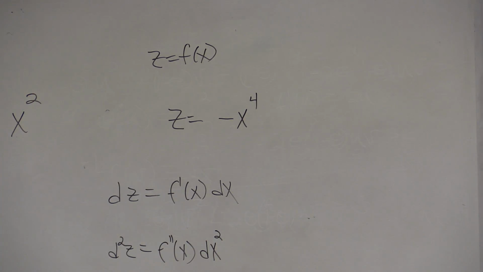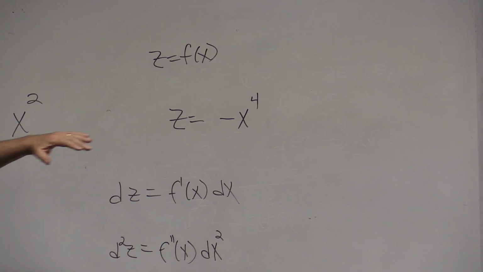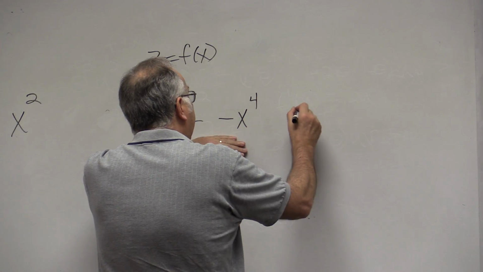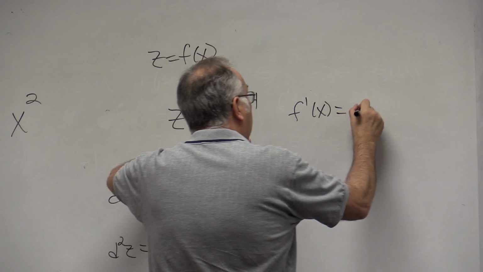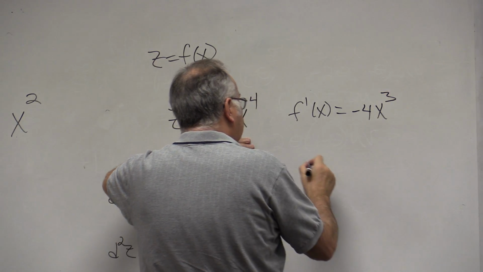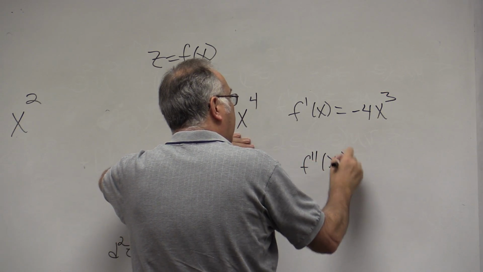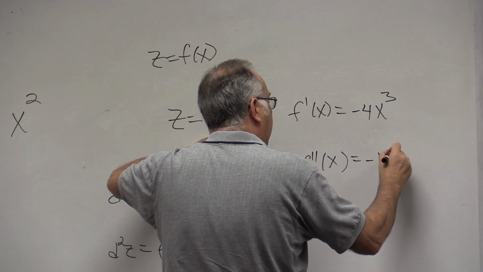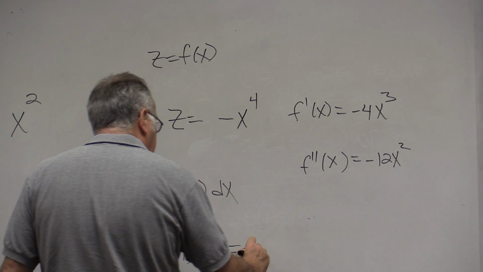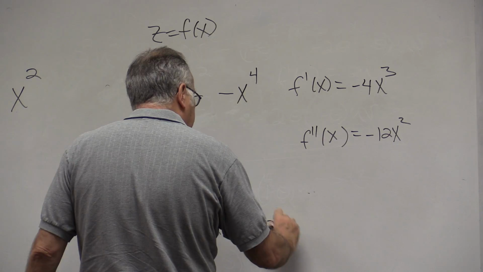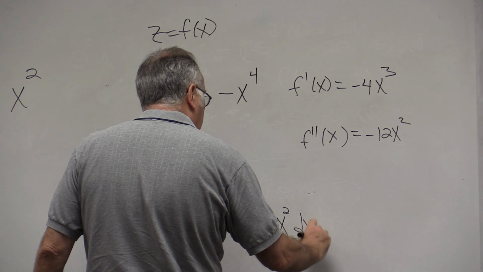Zach, that may have been what you were answering for this case where z equals minus x to the fourth. But more generally, it's this. Now let's substitute in. What is our first derivative and second derivative here? F prime of x is what? Okay. And the second derivative? Okay. So our second order total differential is just this. I think this is what you were saying earlier, Zach. Minus 12x squared dx squared.